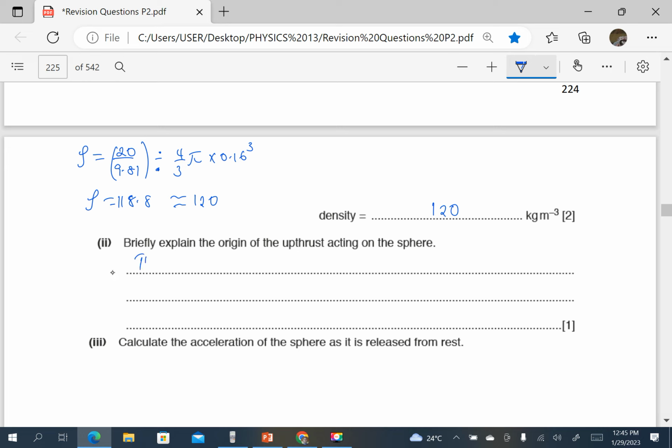So we can say the pressure on the lower surface of the sphere is greater than the pressure on the upper surface.